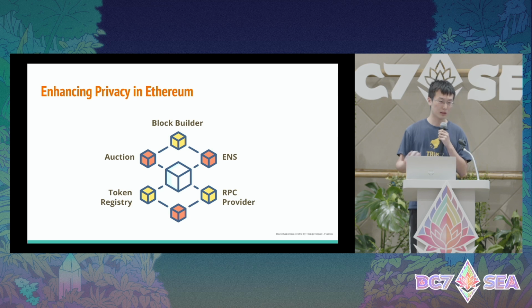The goal is to keep the transactions private before they actually get included in the block. Flashbots' solution is just to put the builders in TEEs, but they actually also have the same issue as Signal, because the block builder needs to access the state of the chain to check the validity of these transactions.